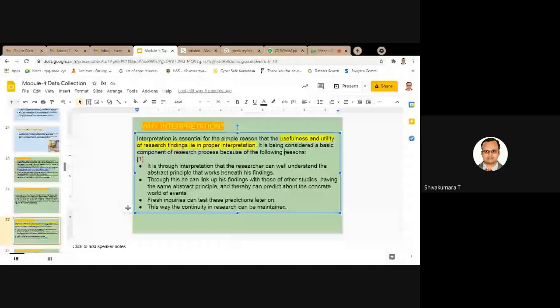It also encourages the new researcher to inquire about the research carried out by the earlier researcher, and that fresh researcher will continue the research work. So to maintain the continuity between the previous work, the current work and the future work, interpretation helps in that direction.